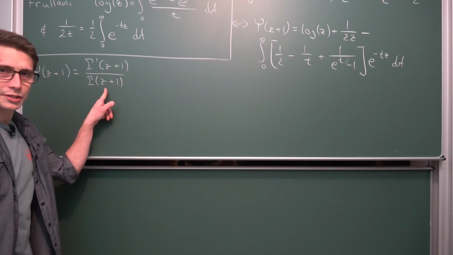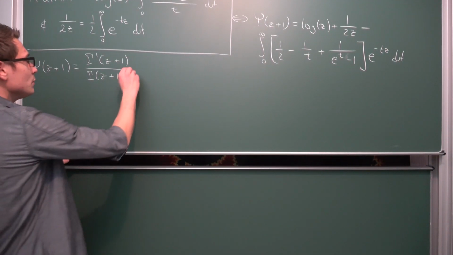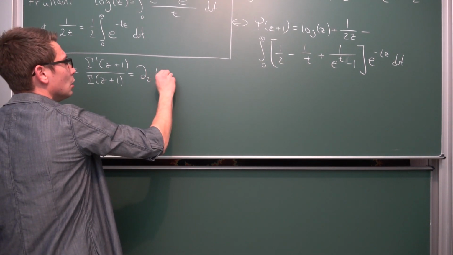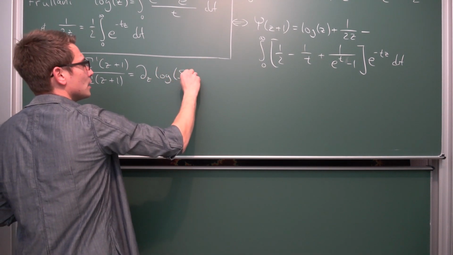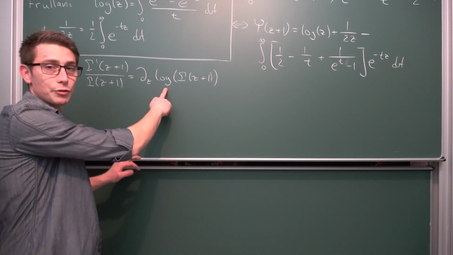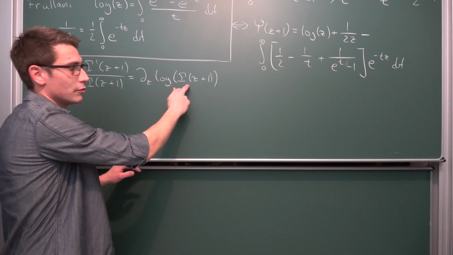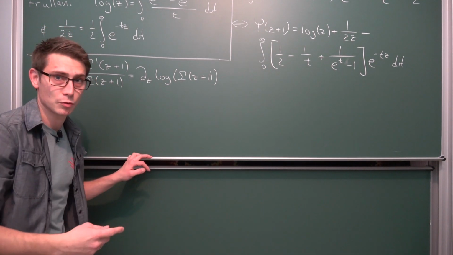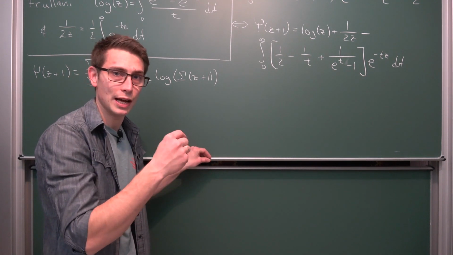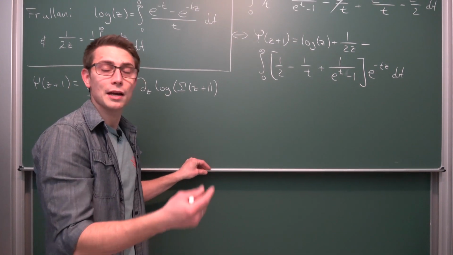If you take a look, this is actually just the derivative in z of log of gamma of z plus 1. You probably know the property of the logarithm: if we have the logarithm of f of x and we differentiate this with respect to x, by the chain rule this gives us the derivative of f divided by f.